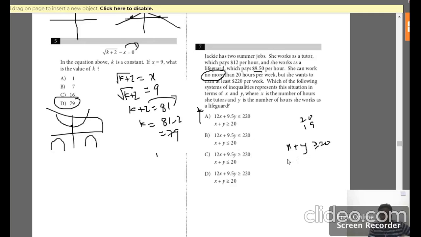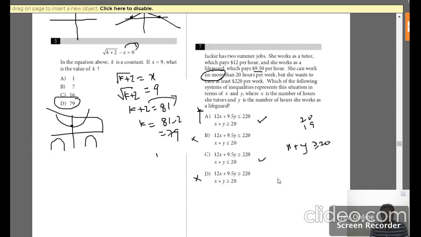So it means less than or equal to 20, both the jobs. Okay. So x plus y less than or equal to 20. Just check where it is. It is here and it is here. So out of these, you just have to delete these two. So now work it out with these two. The next question is which of the following system of inequalities? But she wants to earn at least $220 per week, at least $220 for the job that she's doing as a tutor and as a lifeguard.